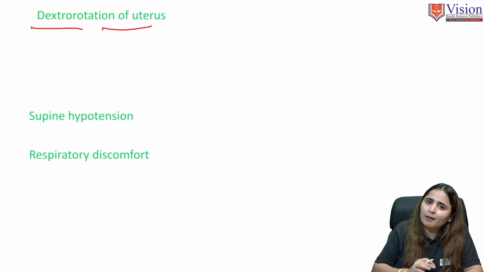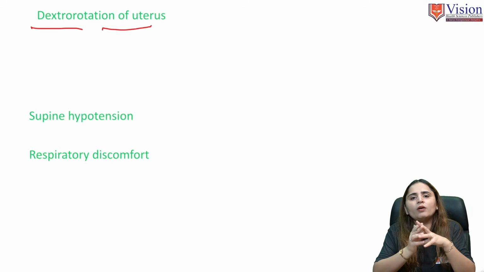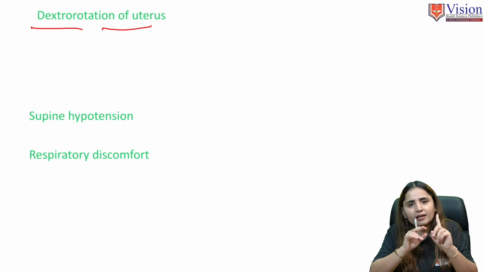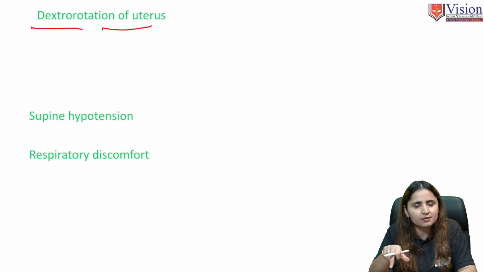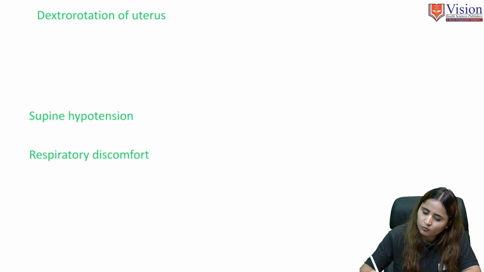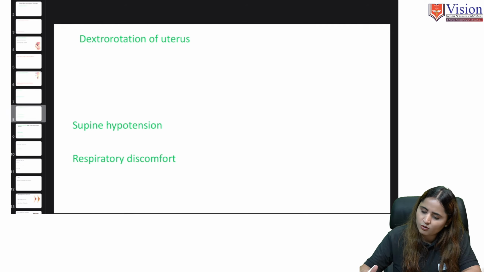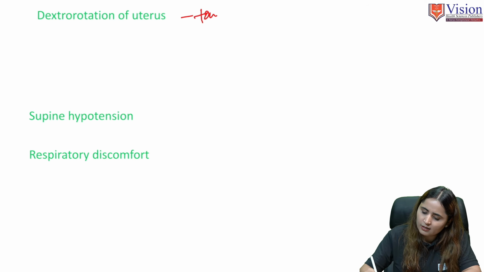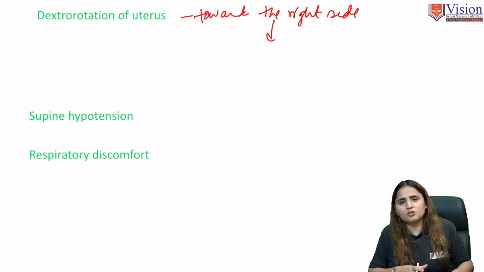Another change which happens in the uterus, till now we are just talking about the uterus. Earlier we had discussed the vagina and now we are discussing the uterus. So there is a dextro rotation of the uterus. Dextro rotation means rotation of the uterus towards the right side. So why is there a dextro rotation of the uterus?